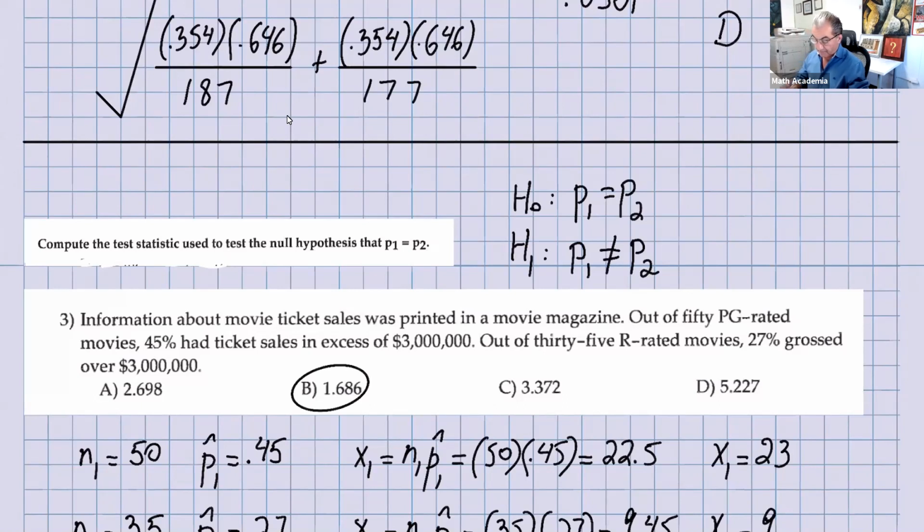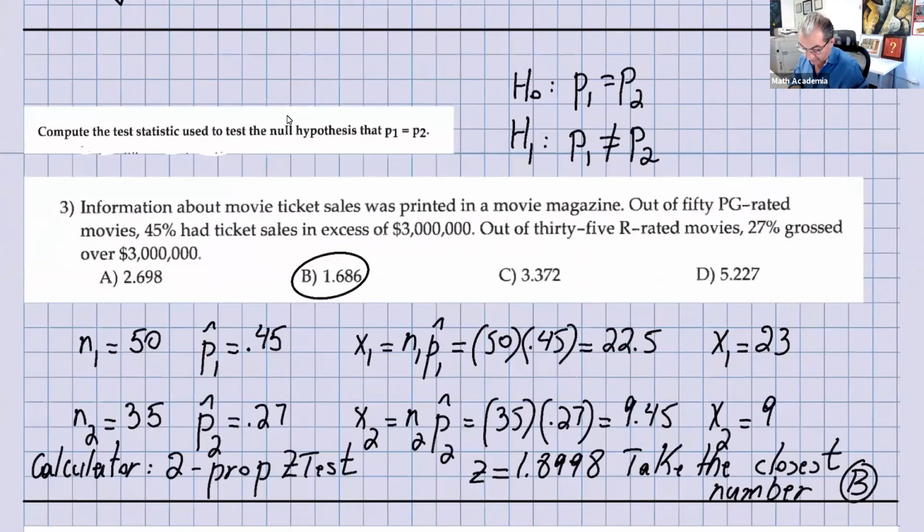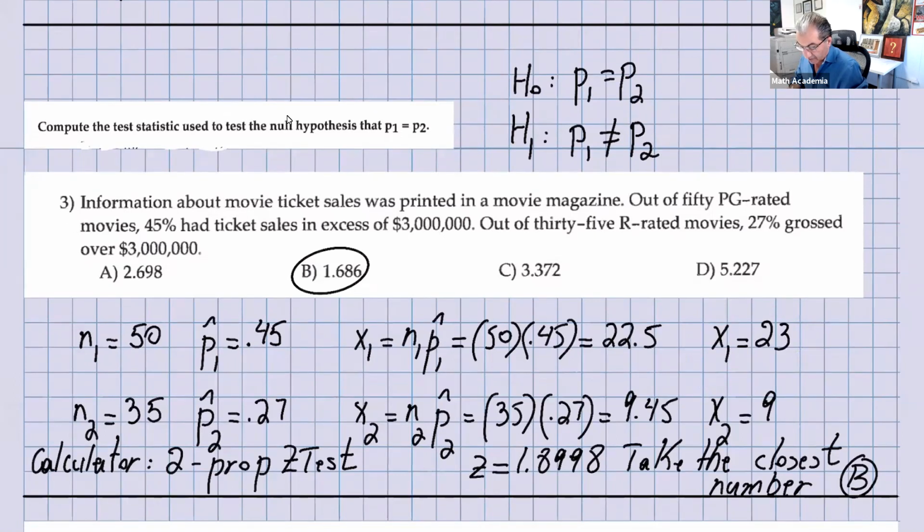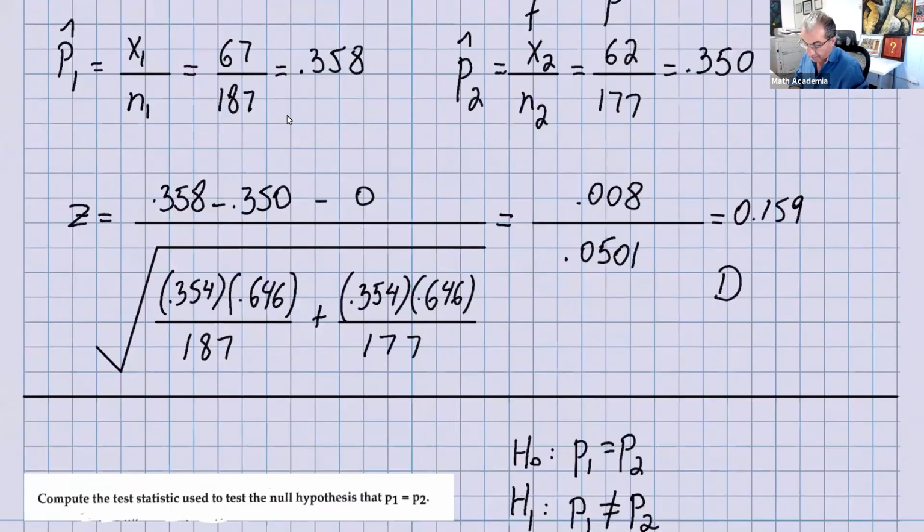We have to find the test statistics. It's like number two. So here, N1 is given, N2 is given, P hat 1 is given, and P hat 2 is given. So X1 is N1 times P hat 1, and X2 is N2 times P hat 2. You can get those numbers. So it's 23, and X2 is 9, and you can use the same formula.